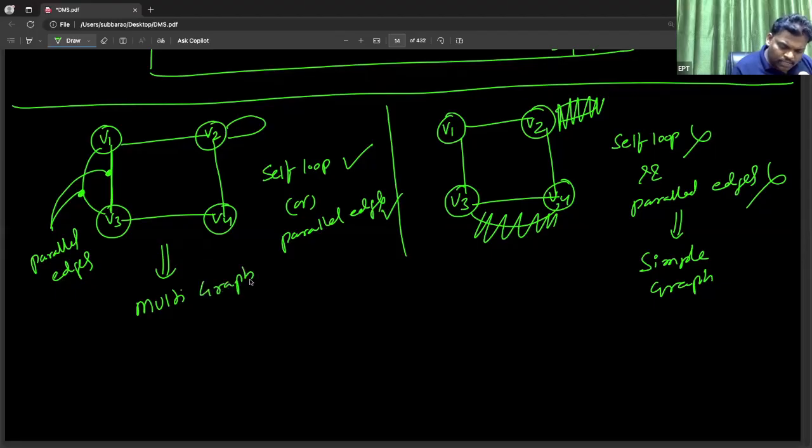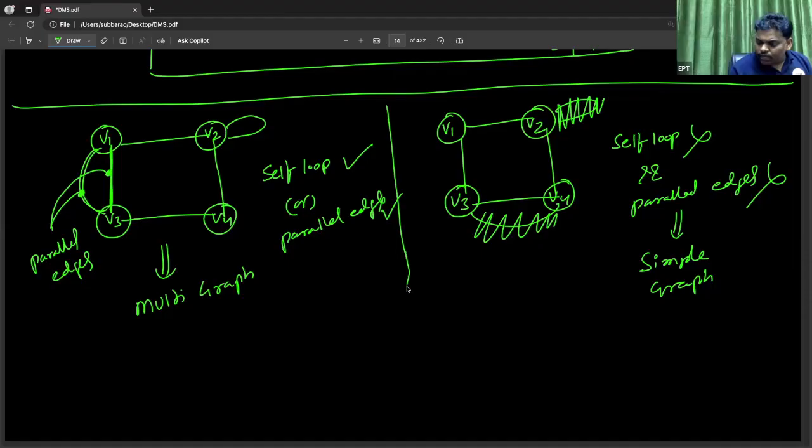Multi means unnecessary. Already one edge is there, so why one more edge unnecessarily? That is called a multigraph. If one edge is there and one more edge is not allowed between two vertices, that is called a simple graph.